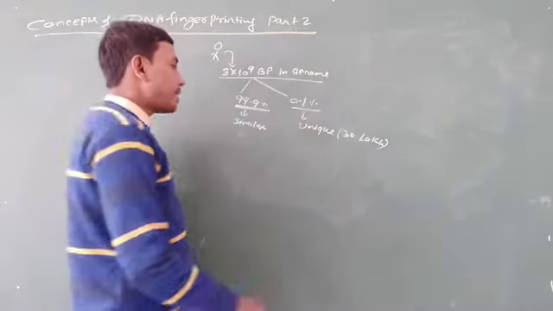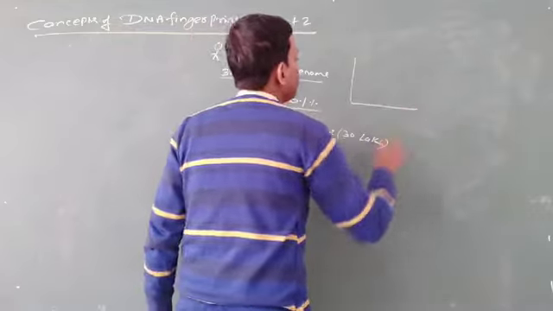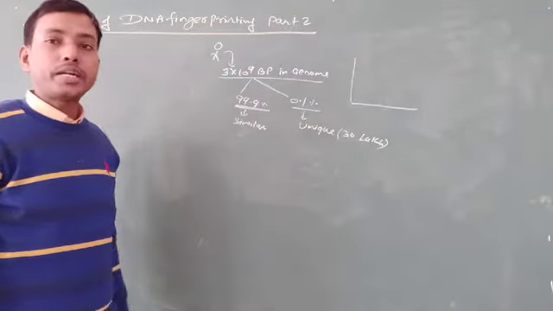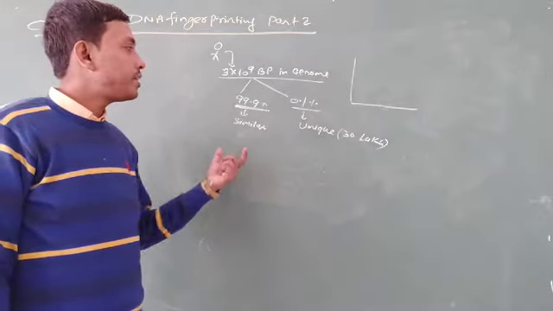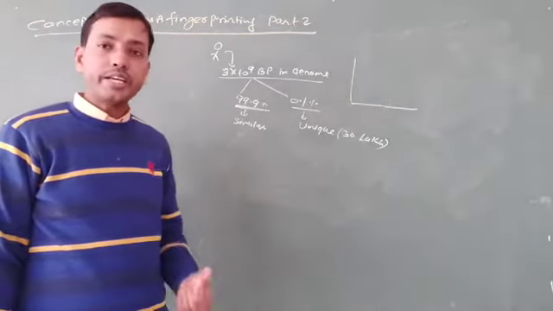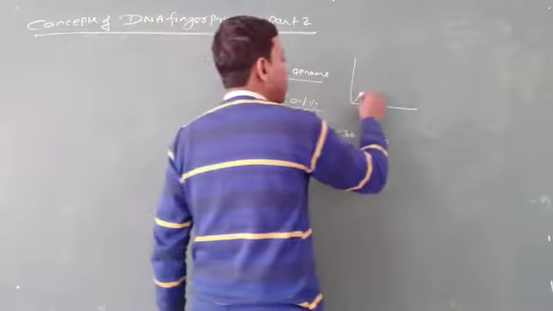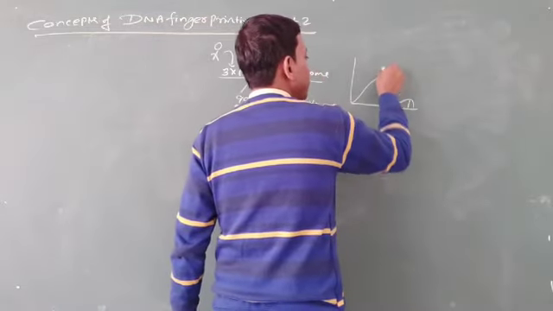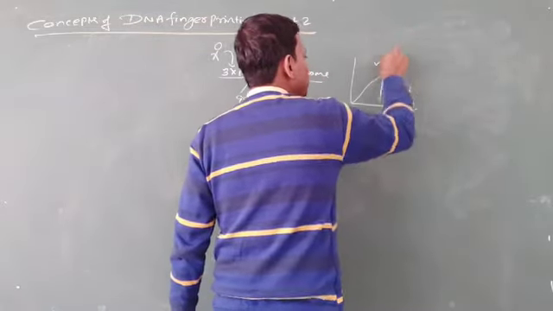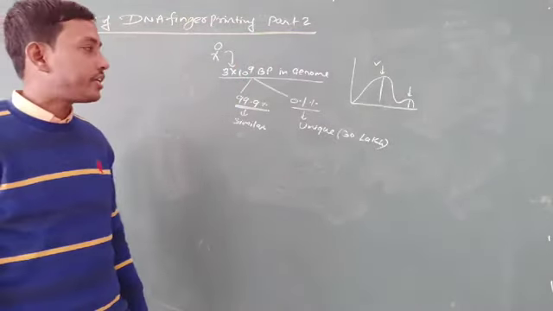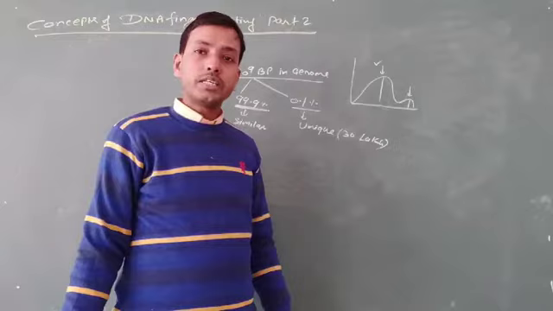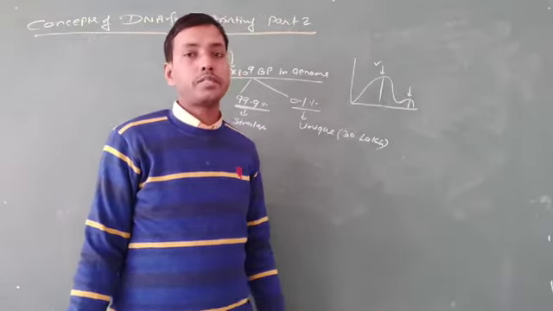Listen carefully. Actually, as I told in the previous video lecture, when you obtain the graph from the 99.9% and 0.1% of the DNA, then 2 peaks are obtained, the major peak and the minor peak. This major peak represents the similar DNA, that is 99.9% DNA, and this minor peak represents the unique DNA, that is 0.1%.